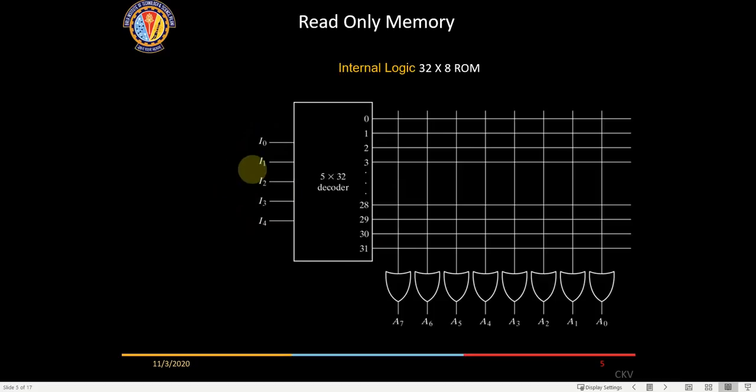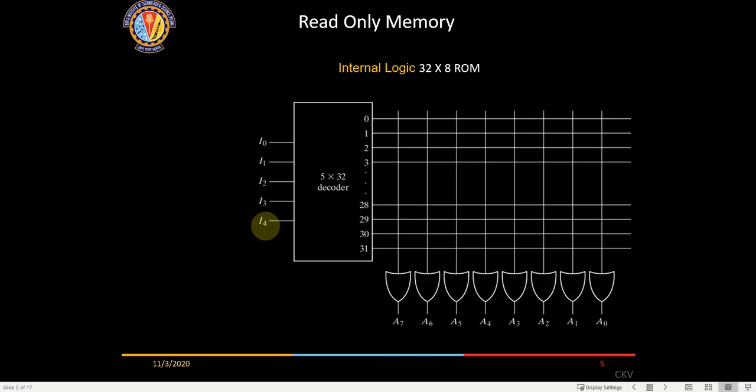This is a 5-bit address line, so you will have 32 unique outputs available, and in this case 8 different output lines, so 8-bit data is available. If I give 00000 as an input, this particular line will be enabled and will go high. So what is the data which I want to store here? I'll make crosses here, I'll make the connections out here.